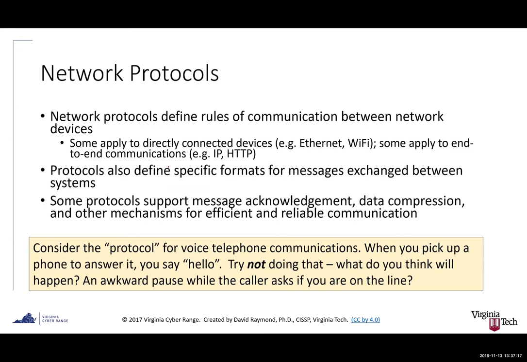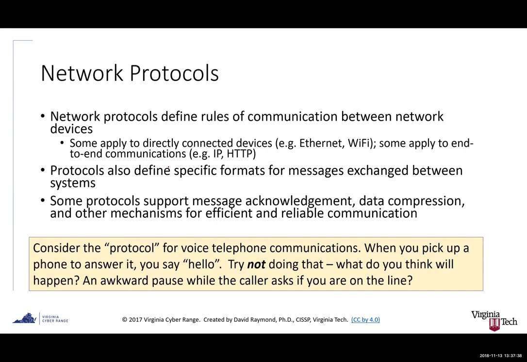Some of them apply between directly connected devices, like my computer is connected to a wireless access point. Those devices are directly connected to each other in the network. This happens to be a wireless link, but it's a direct connection.